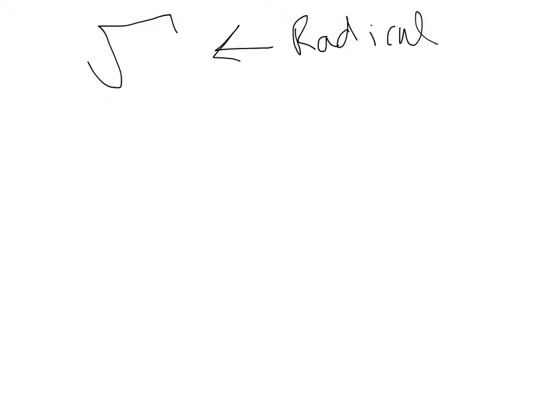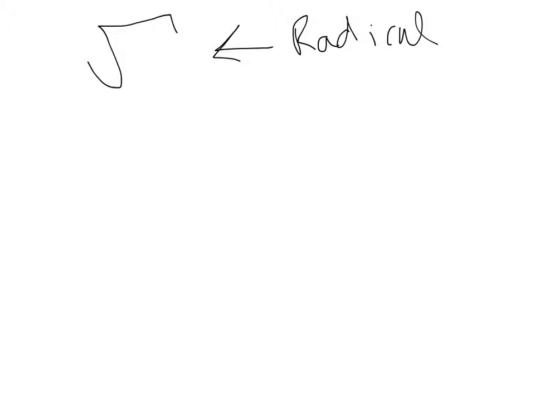So the second piece of information here that we're going to look at is what is a radical? Well, a radical is really just a symbol like a root. So when you see the square root symbol, which is what we're going to focus on today, that, folks, is a radical. And radicals can produce rational numbers or irrational numbers.